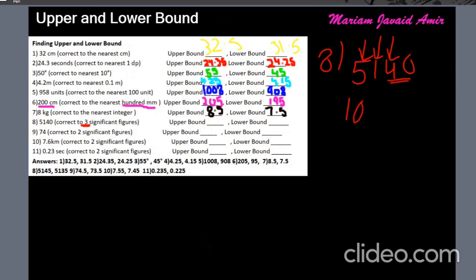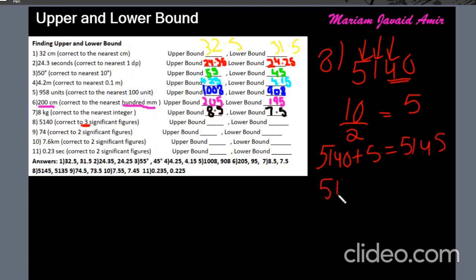So the third significant figure is on the tens place. You write that down, 10 on the tens place, and then you divide 10 by 2, we get 5. You add 5 to 5140, we get the upper bound 5145, and you subtract it from 5140, we get the lower bound, which is 5135.